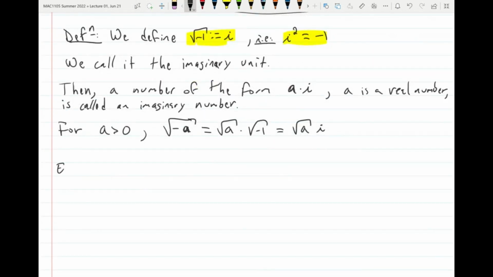So for example, if we want to do square root of -9, according to this property, this is just square root of 9 times i. But as you know, square root of 9 is 3. So that equals 3i. It's an imaginary number, and it's a number so that when you square it, you will get -9. So let's check.